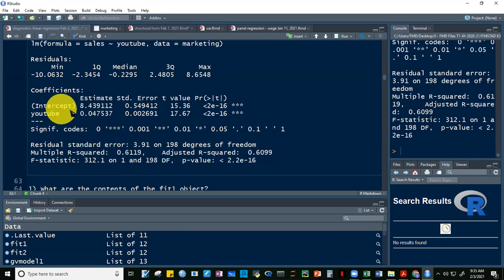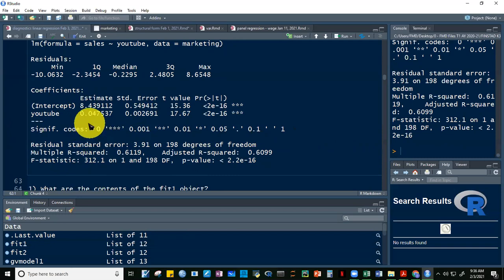Okay, anong ibig sabihin ng intercept? Although we do not really give too much practical importance to that, ginagamit lang naman natin ito sa model for predicting purposes. So, ibig sabihin nito, kung wala daw YouTube, kung zero yung YouTube, ang sales natin, 8.43. And then si YouTube, this is the marginal impact of YouTube on sales.